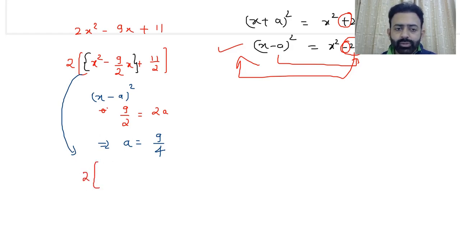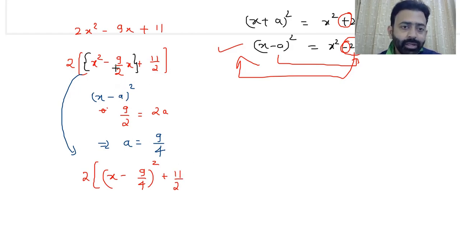So directly writing this, as 2 is outside, this is x minus 9 by 4 whole square, plus 11 by 2, which I write as it is. Whatever constant term is left after taking out the coefficient of 2, leave it as it is, which is 11 by 2. Think of the extra term that you will get after opening x minus a whole square, because it is not in the original expression. You need to subtract that extra term, which is a square.